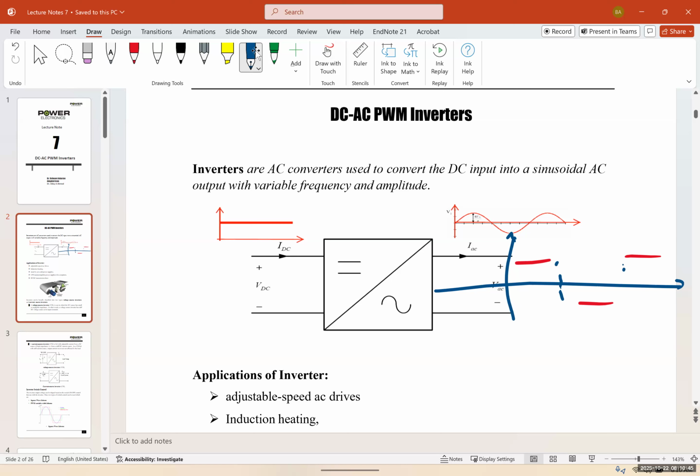So we can have a square signal, a sinusoid signal, a triangle signal, and so on. And I'll explain which one of these we use for what applications.